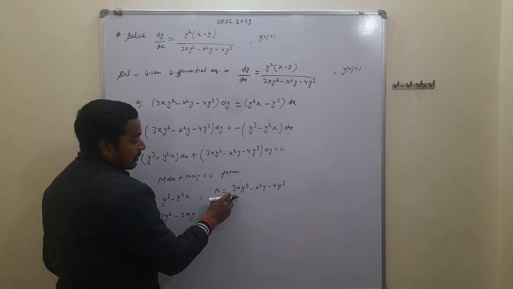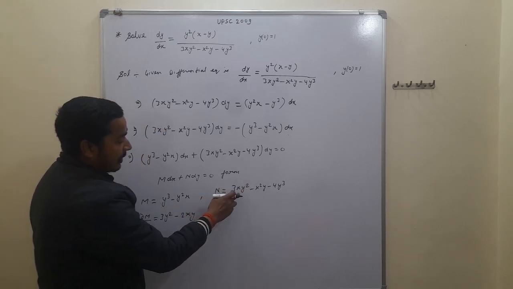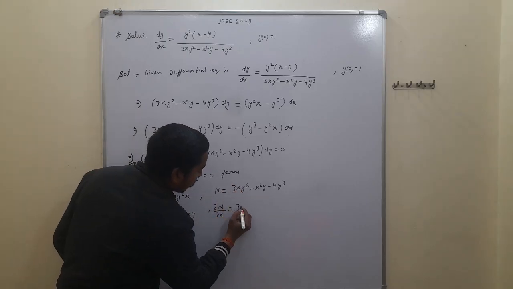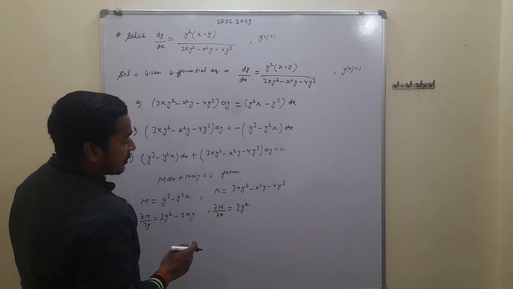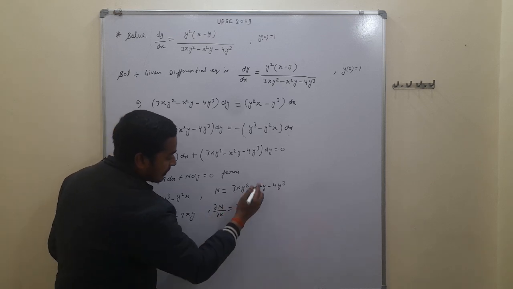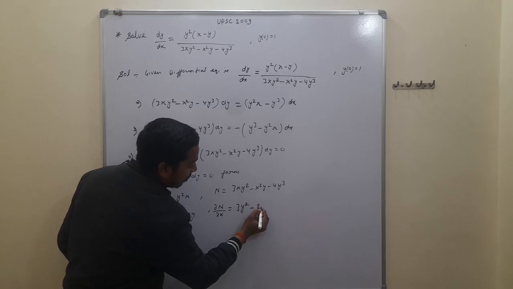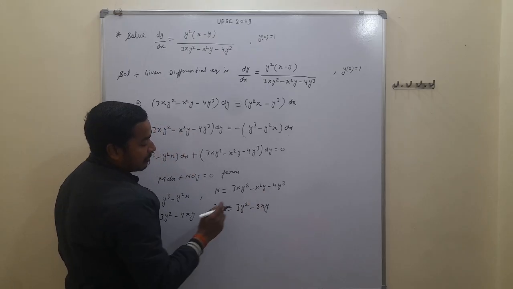Now N is differentiated with respect to x. This is ∂N/∂x. Differentiating 3xy² with respect to x, y² being constant, gives 3y², and −x²y differentiated with respect to x gives −2x, and y is already there, so −2xy.